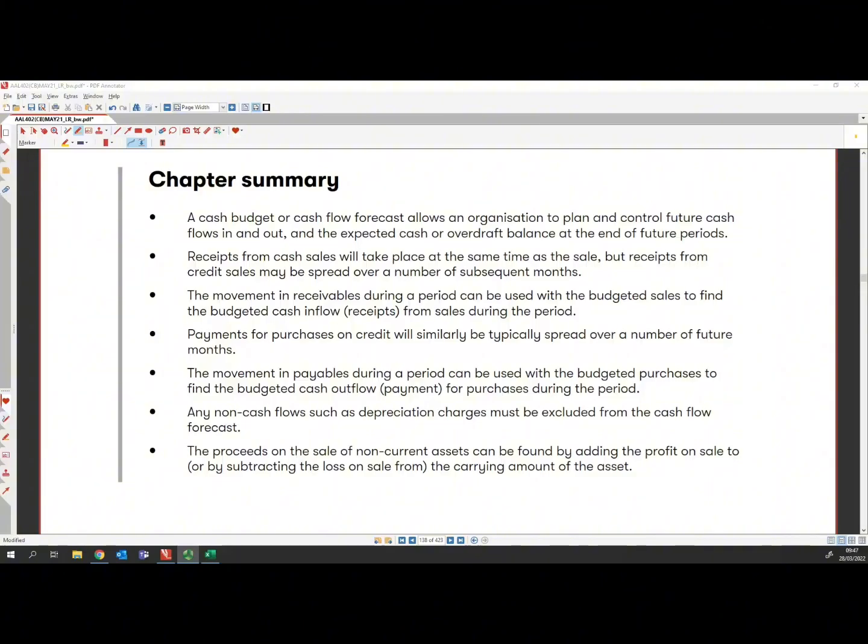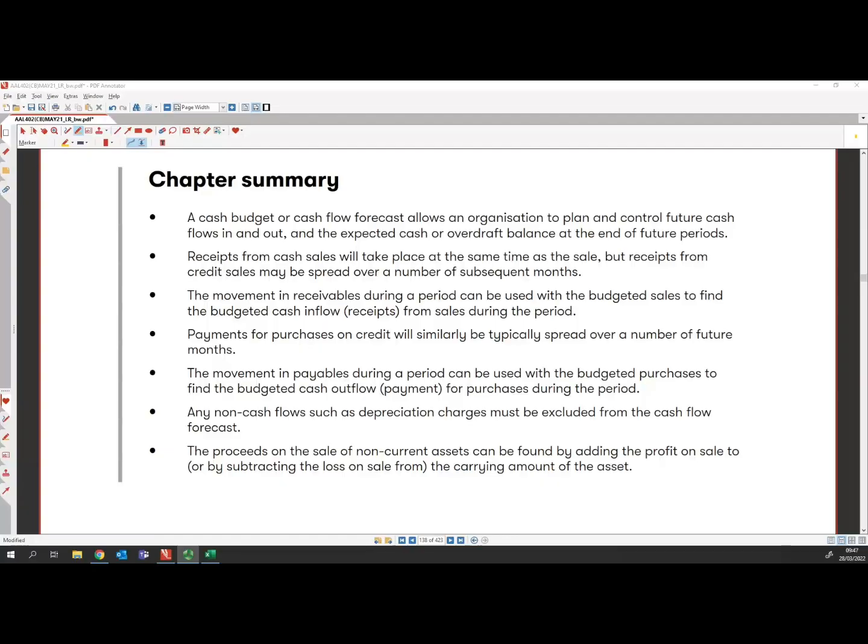So in this chapter, we looked at cash budgets or cash flow forecasts, which are a key part of the planning process, but focus very much on the cash inflows and cash outflows of an organization.